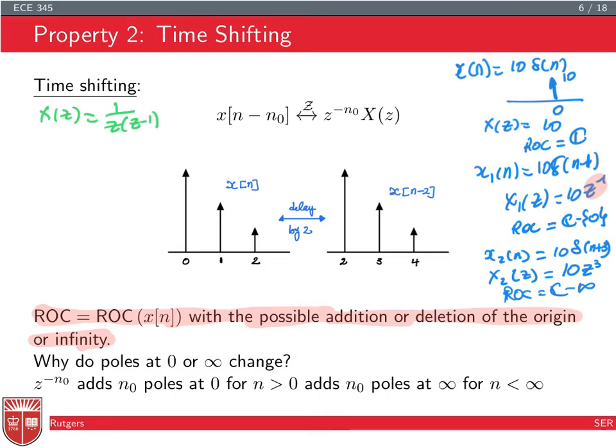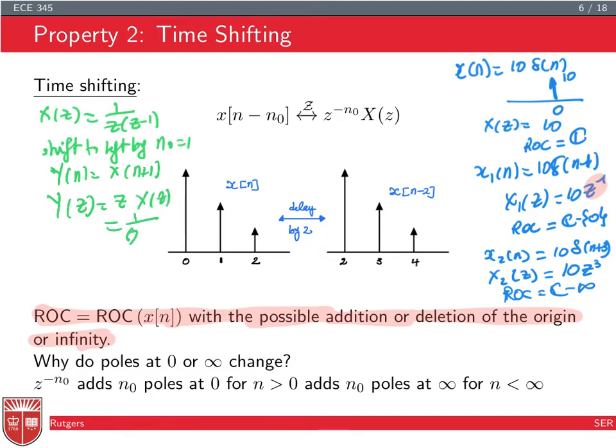But then if I shift the signal to the left by n0 equal to 1, meaning y of n is equal to x of n plus 1, this means that for y of z, I'm going to have to multiply by z times x of z. And here you're going to get 1 over z plus 1.